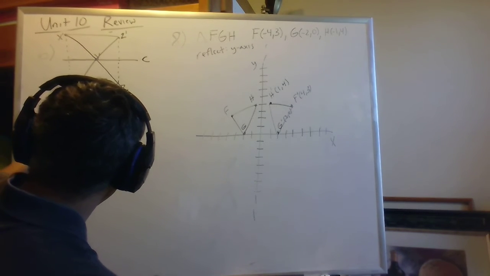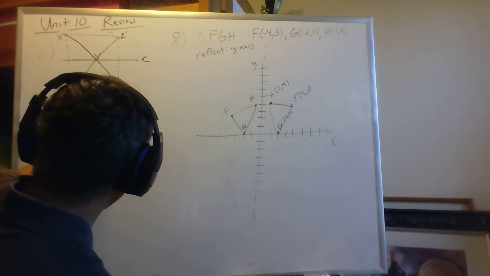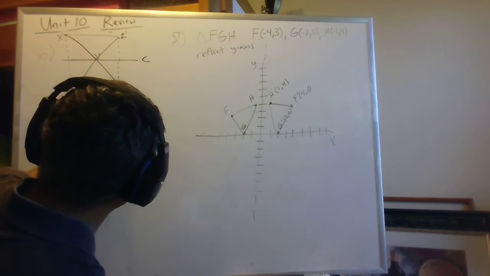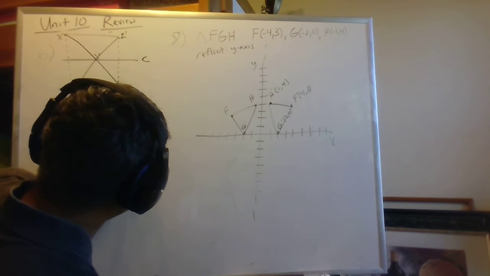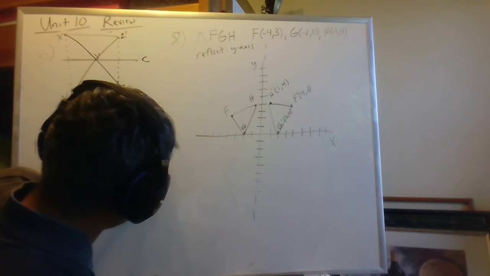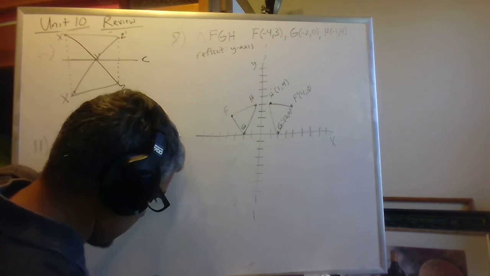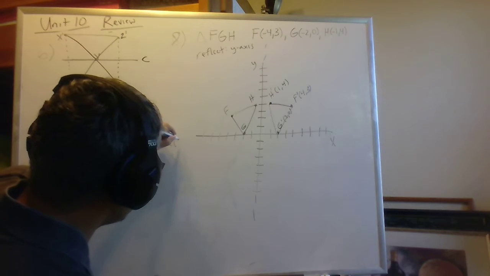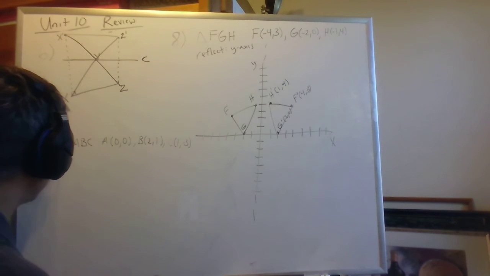It says A, B, C, and the vertices of A is at 0, 0, and B is at 2, 1, and then C is at 1, -3, and it wants a translation.